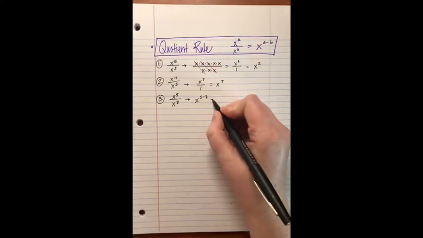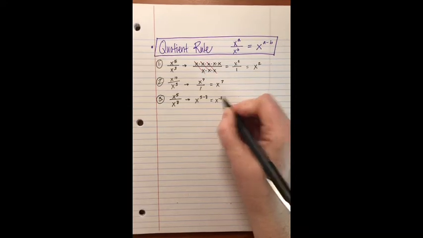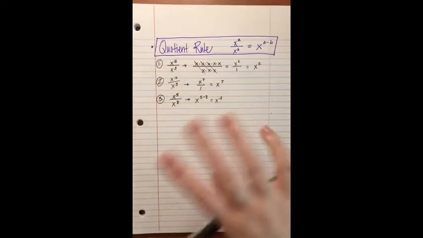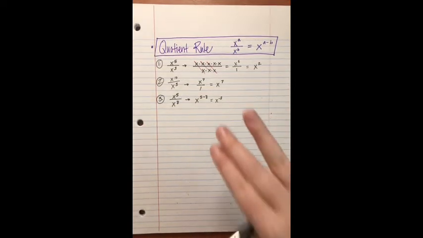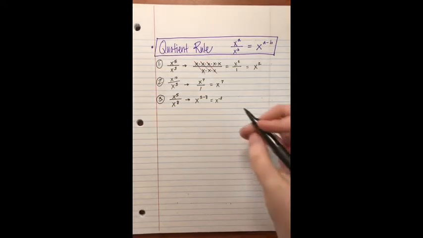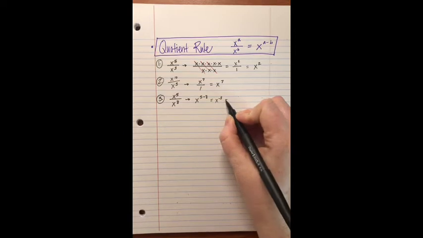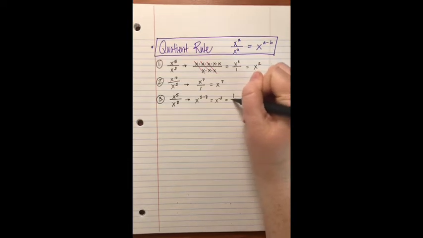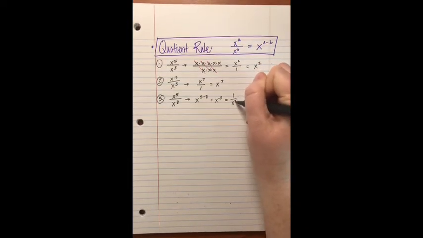So that's x to the negative 3rd power. But uh-oh, do I want to keep this negative? No, okay? We have to change that to a positive exponent. So ask yourself, what do we do to take care of that negative 3 as the exponent? Well, I gotta do 1 over x to the positive 3rd.